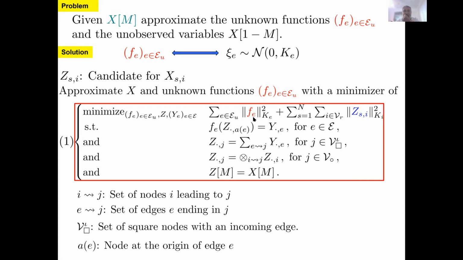Observe that the variables Z entering in the loss are those associated with nodes representing random variables.